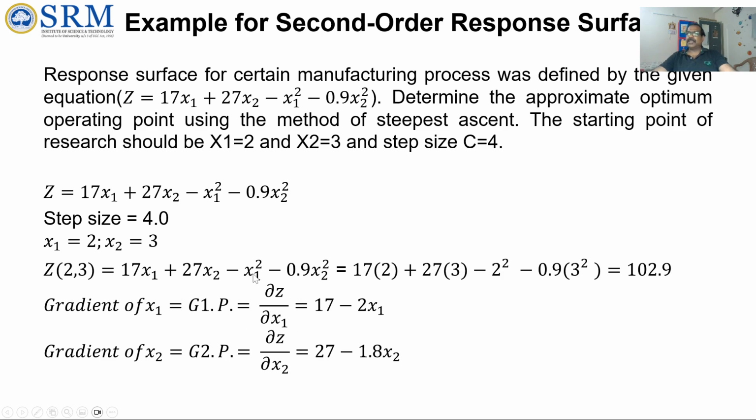So this is eliminated here, 2x1, and this 2 term is eliminated. In terms of gradient x2, this term is eliminated, this term also eliminated. Then 27 minus 2 times 0.9, 1.8 x2.